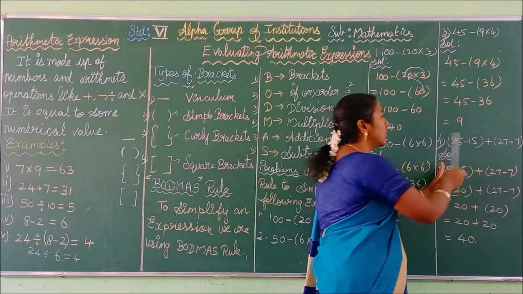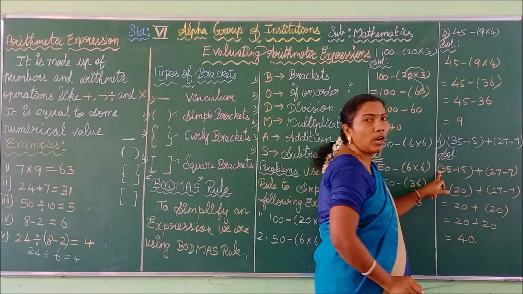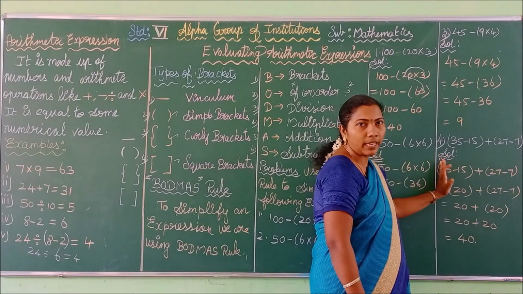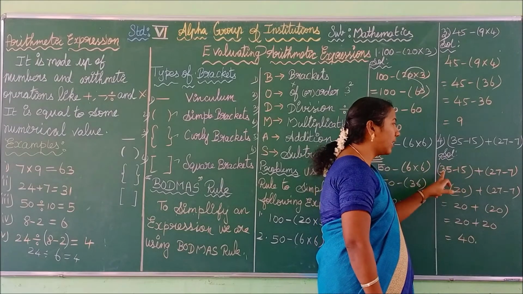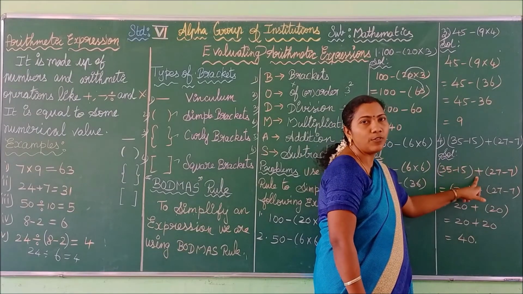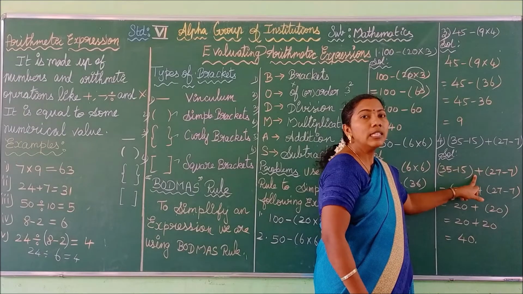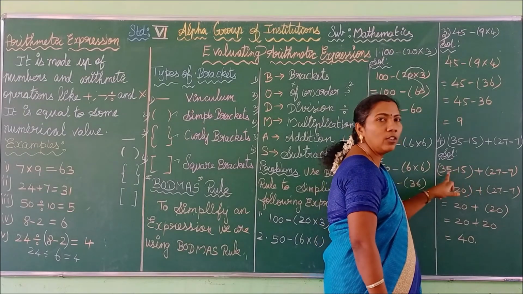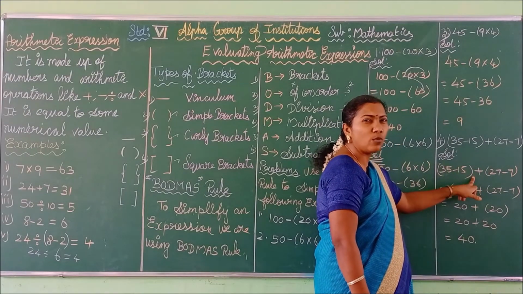Once again, write the question. What are the numbers within this bracket? 35 minus 15. Among the two numbers you have subtraction, so you subtract. 35 minus 15, what is your answer?